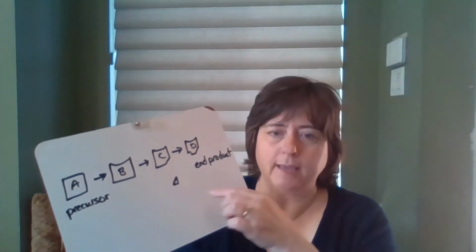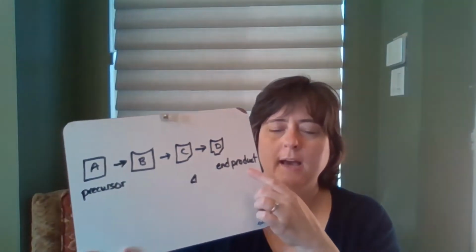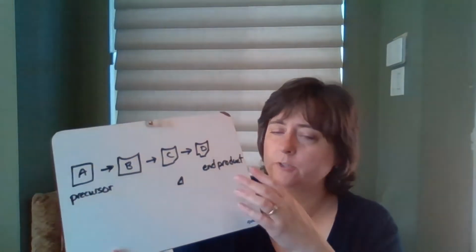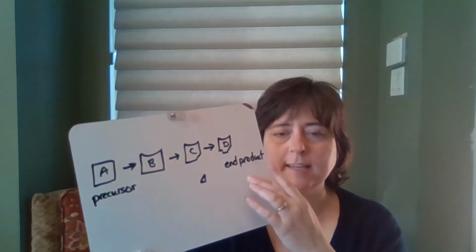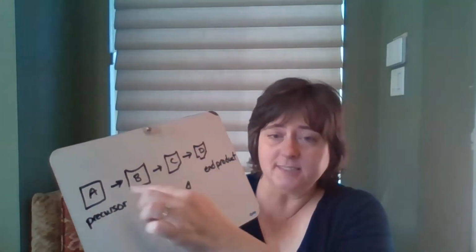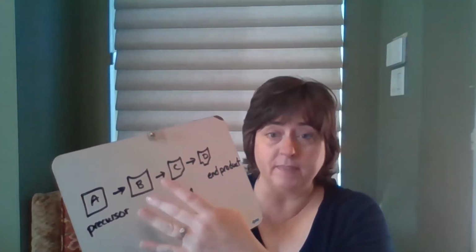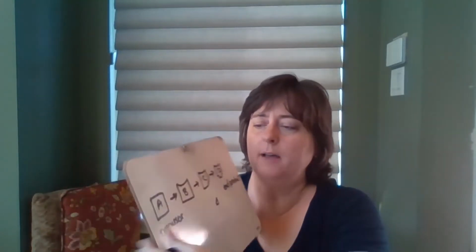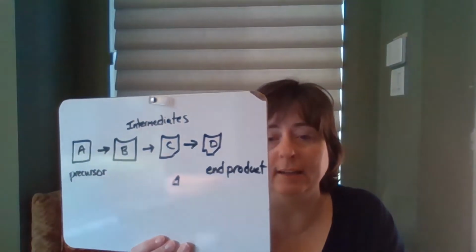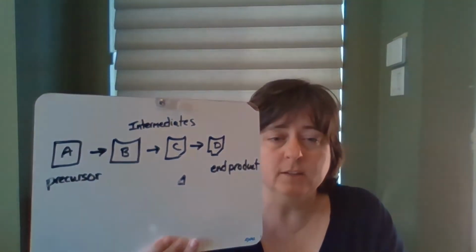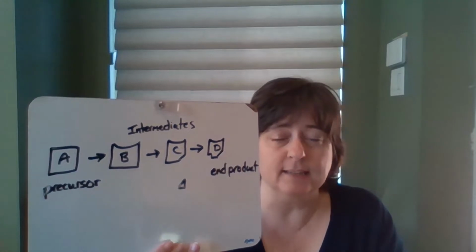In this pathway, it's the starting molecule, and so it's called the precursor, and whatever you're ending up with is called the end product. Anything else in between, and it could be one thing, could be a whole bunch of things, we're just going to call those intermediates. We weren't trying to make them. We just made them in the process of getting to our end product, which was what we wanted. So B and C are intermediates in this pathway.